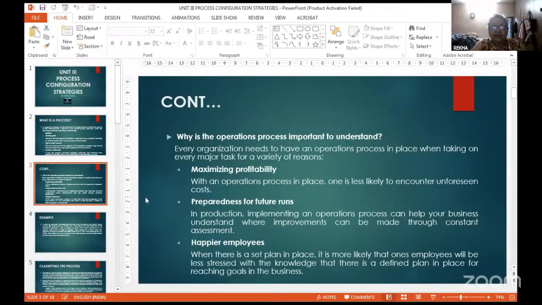Every organization needs to have an operations process in place when taking on every major task for a variety of reasons: maximizing profitability, preparedness for future runs, happier employees.